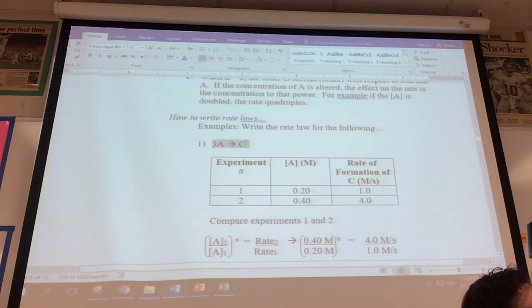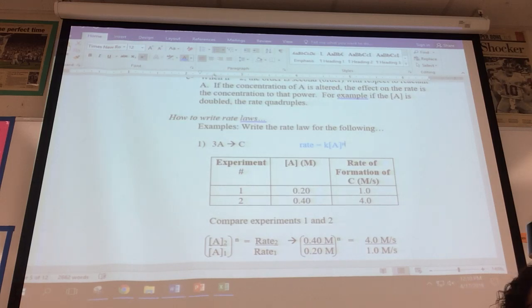Here's my reaction. What I'm trying to figure out here is what the rate law is. I know it's going to be rate is equal to lowercase k, concentration of A, to some power n. I'm trying to figure out what the n is.